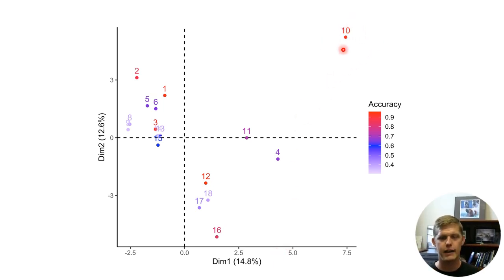So odor 10 is really far away from odor 16 in terms of the chemical properties associated with it. But odor 12 and odor 18 and odor 17 are actually really similar in terms of their statistical properties related to each other.